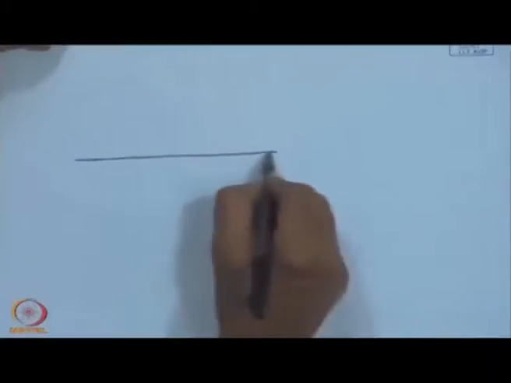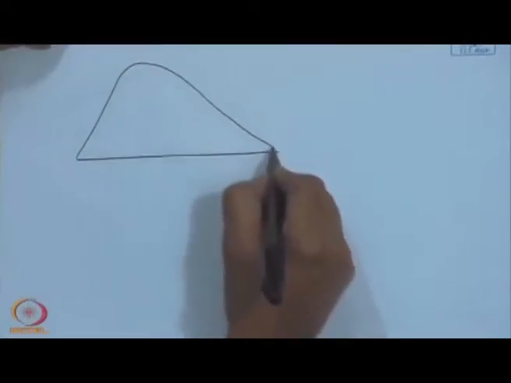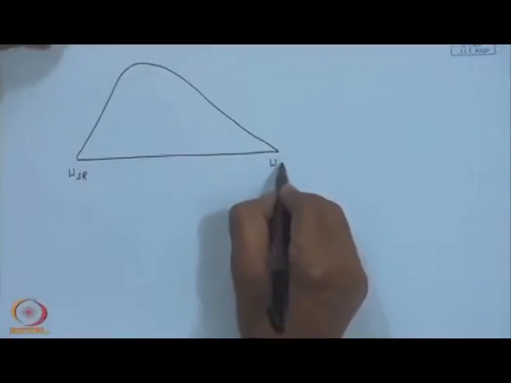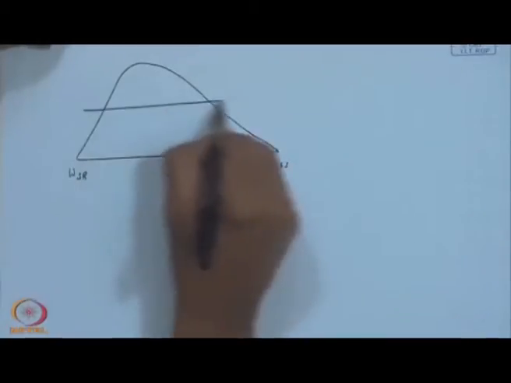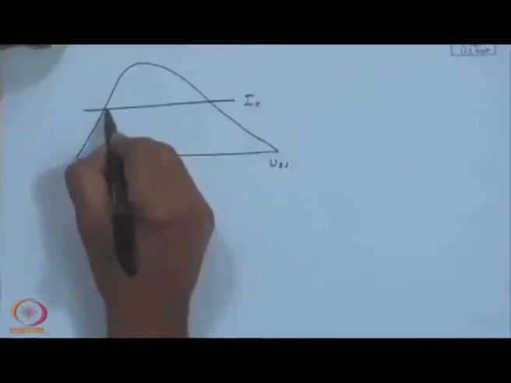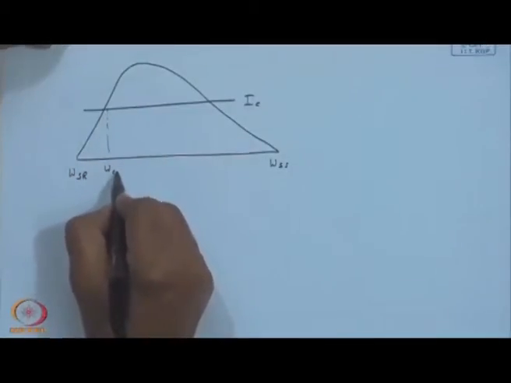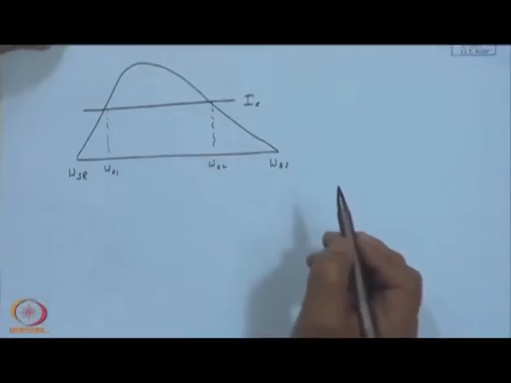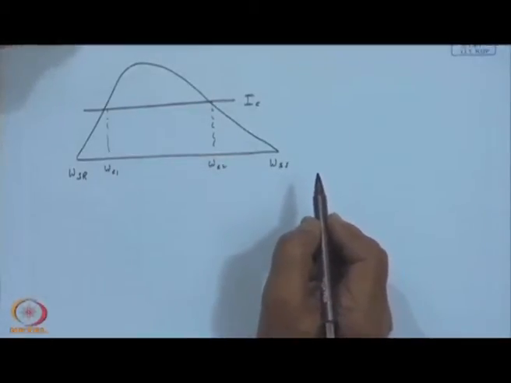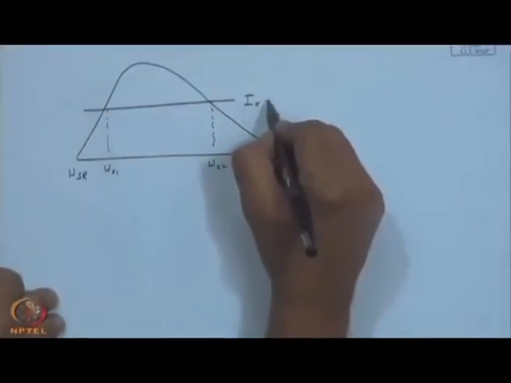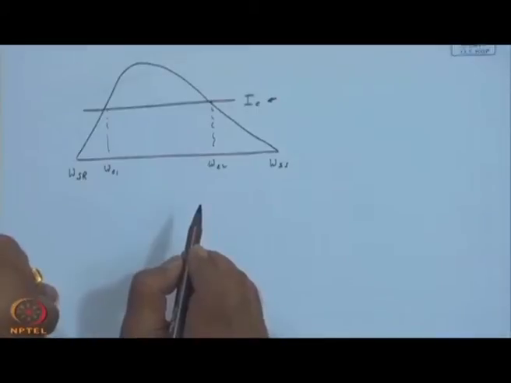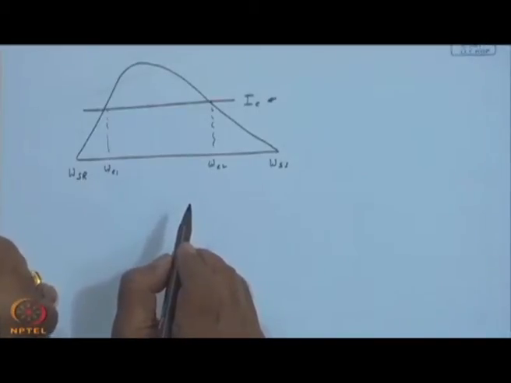Pictorially, if you have, let us say, gamma not equal to 0, this is omega SR, this is omega SS, and this is my IC. So, this will be omega C1 and this will be omega C2. Write down the equation for IT for the appropriate orientation, equate it to IC and solve for omega; you will get two values which will be omega C1 and omega C2, right.